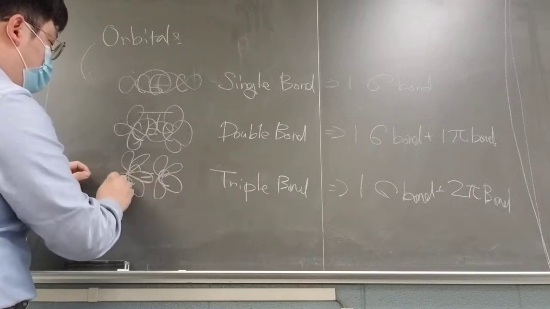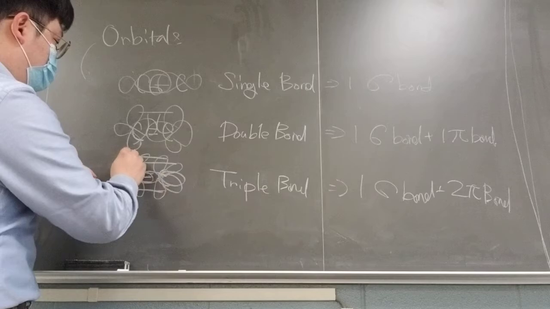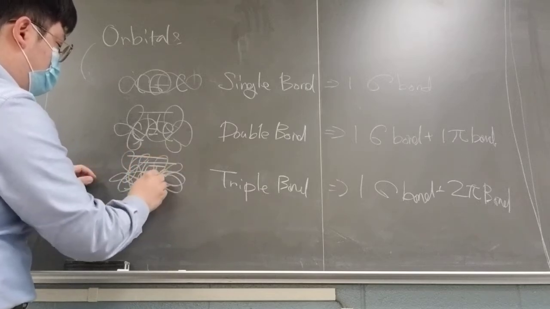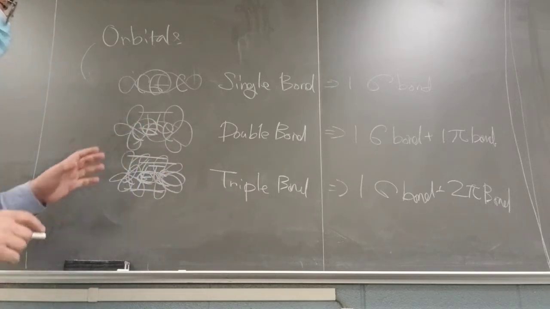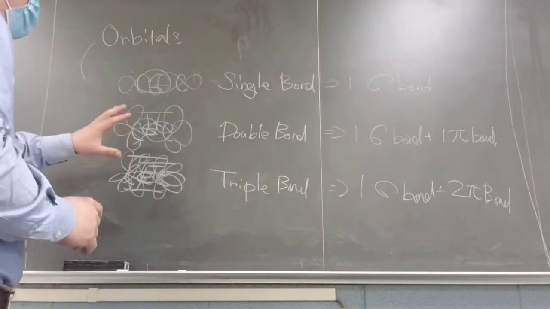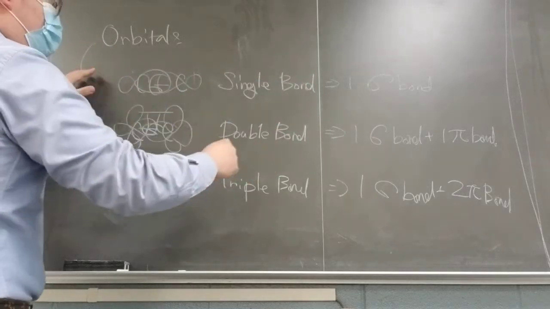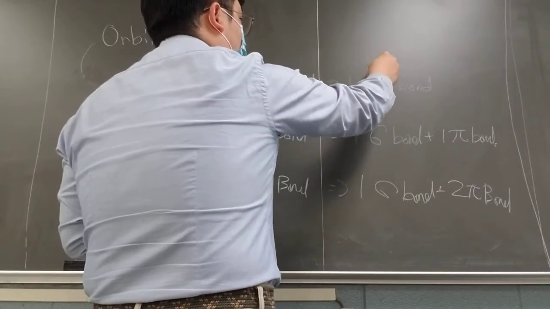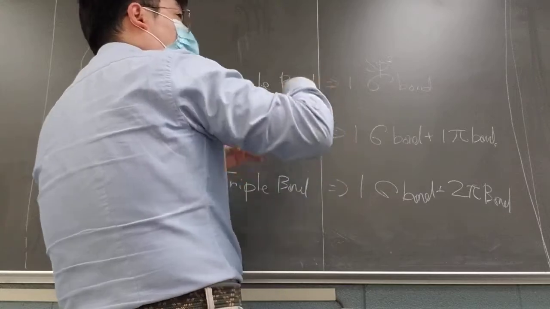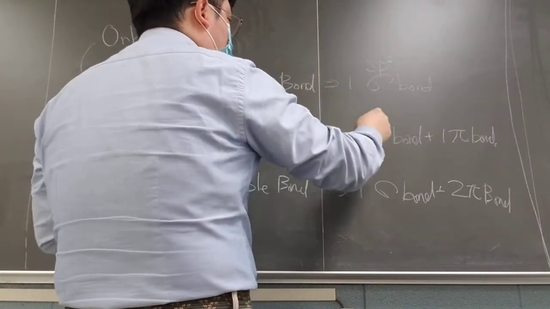So there'll be 1, 2, so 2 pi bonds, and also there's a sigma bond in the middle too. It's really hard to see in this overlap. If you use single bonds for carbons, for the sigma bonds, they're going to have one. This is sp3, because all 4 electrons are hybridized in the same hybrid orbitals.